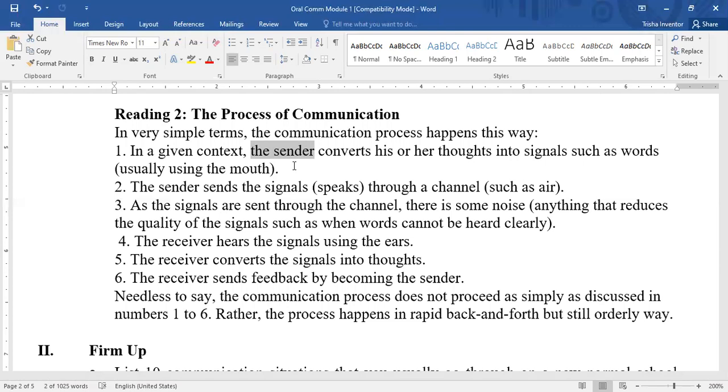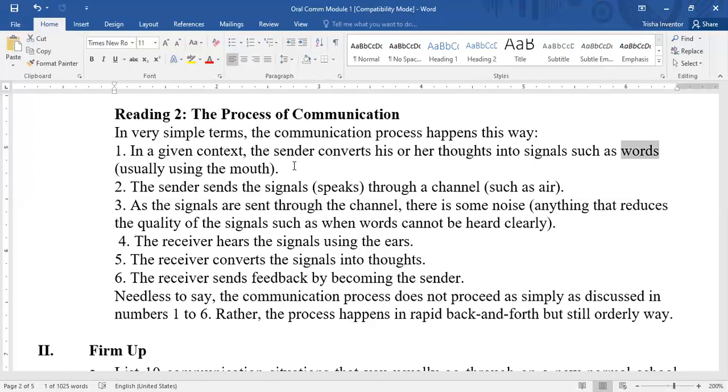Now, how will you know my thoughts? Of course, our thoughts come from our brain. How will you know what's inside my brain? What are my thoughts? Of course, I need to convert my thoughts into signals such as words.